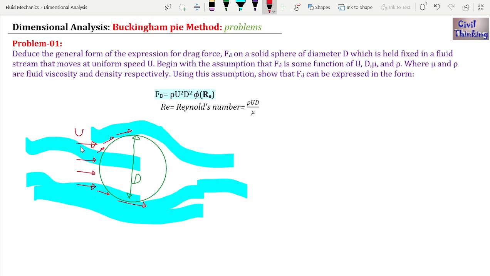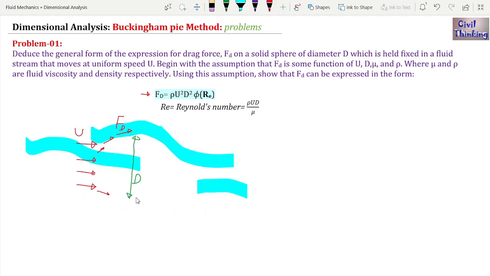This water or this fluid will try to apply a force on the surface of the sphere. Let me denote this with Fd, and with the help of dimensional analysis and specifically Buckingham's pi method, we have to find the equation of drag. So let's begin.